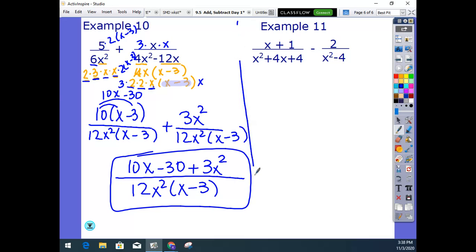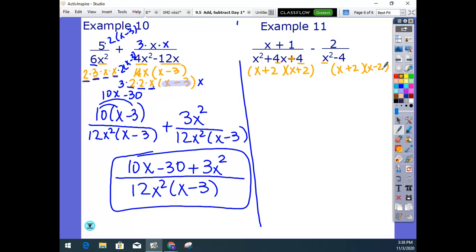All right, last example. Factor, factor, factor, factor. I have to build my common denominator using common factors. X and x, factors of 4 that add to get 4. X and x plus 2, x minus 2.